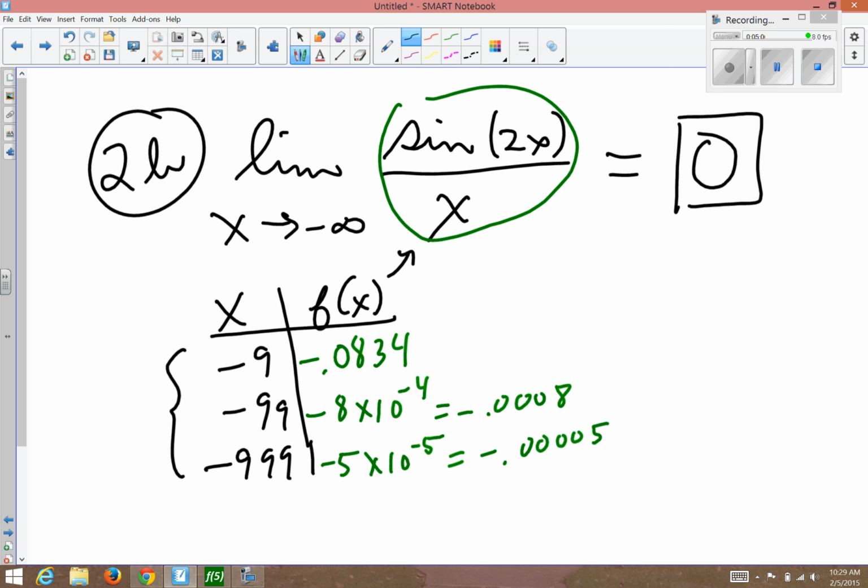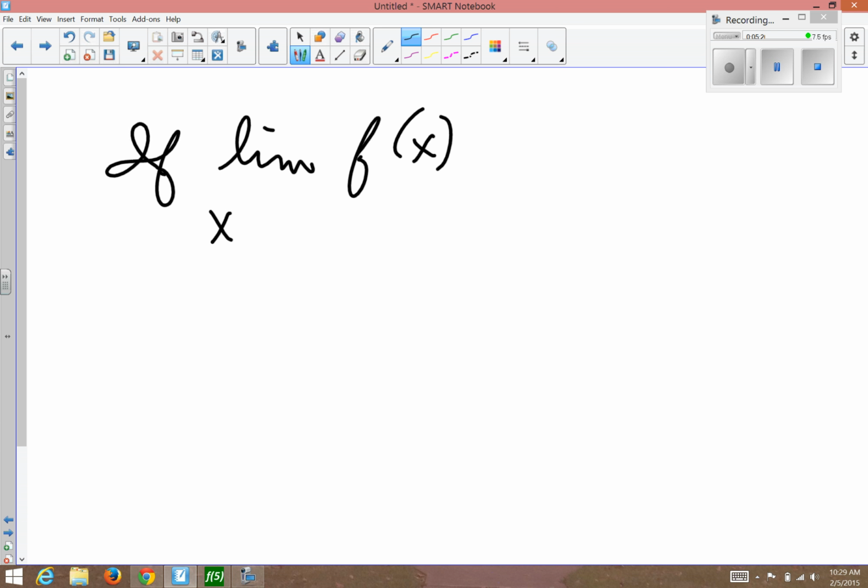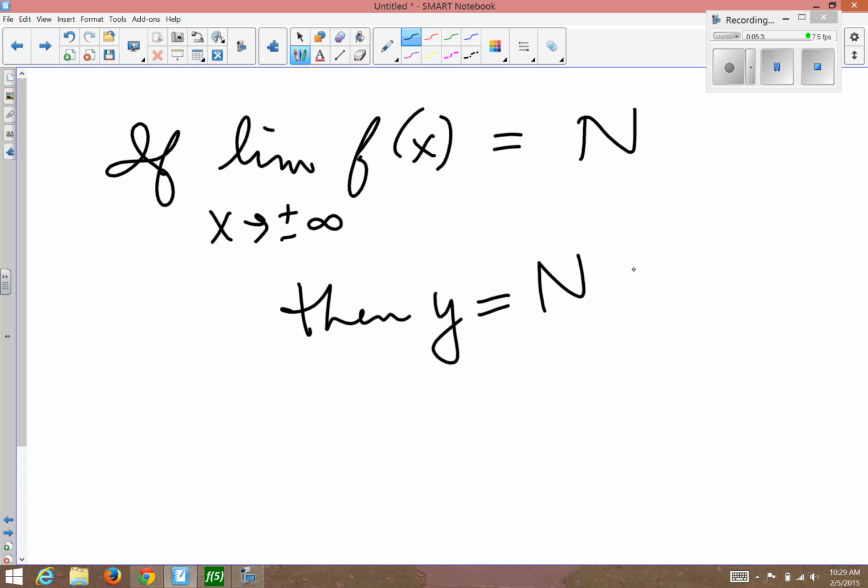Different question, same answer. Before we answer part C, here's a reminder from when we were studying pre-calculus. If the limit of any function as x approaches either infinity or negative infinity is some number, then y equals that number is a horizontal asymptote.